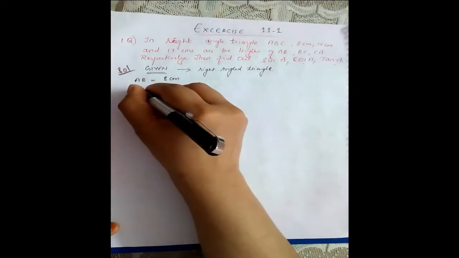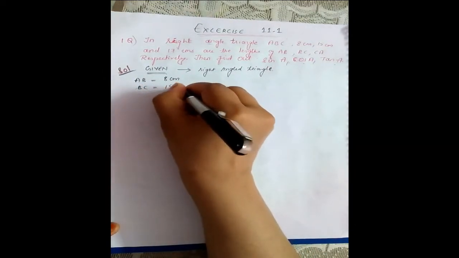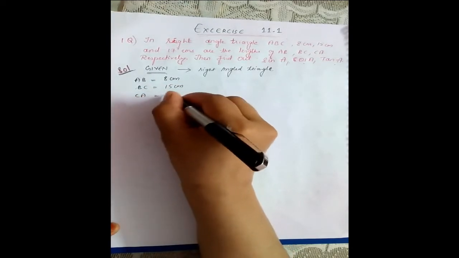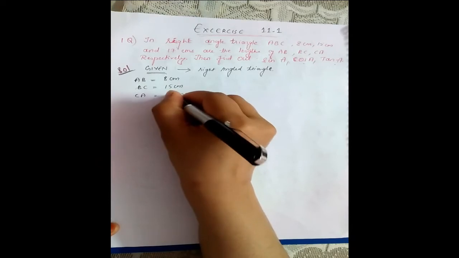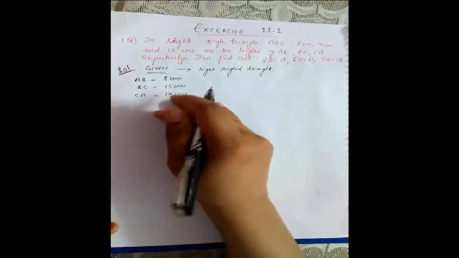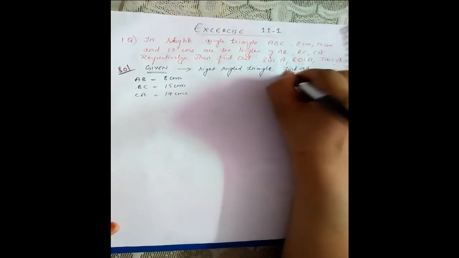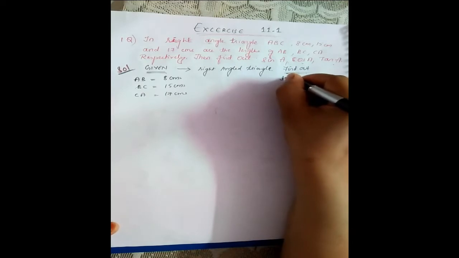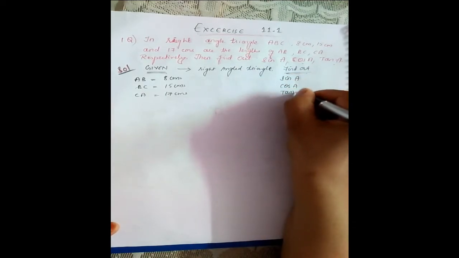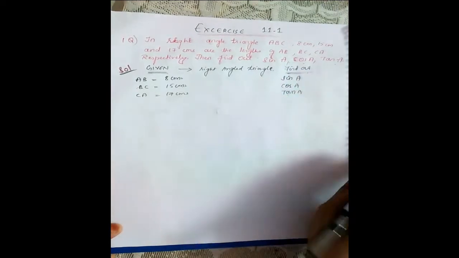Now BC is equal to 15 centimeters and CA or AC, whatever you can call that, is 17 centimeters. We know these three things. Now we need to find out what? Sine A, cos A and tan A.